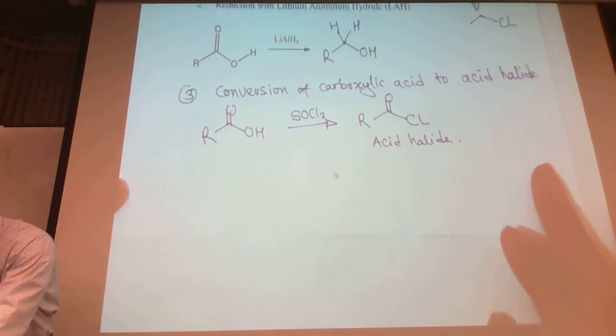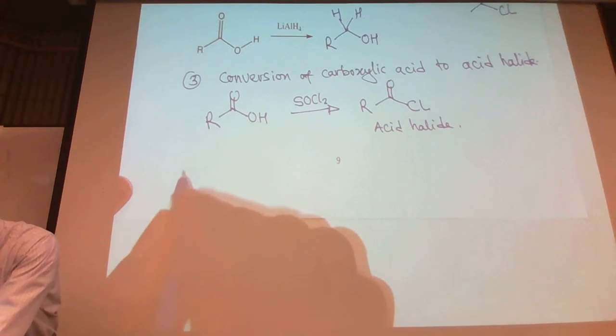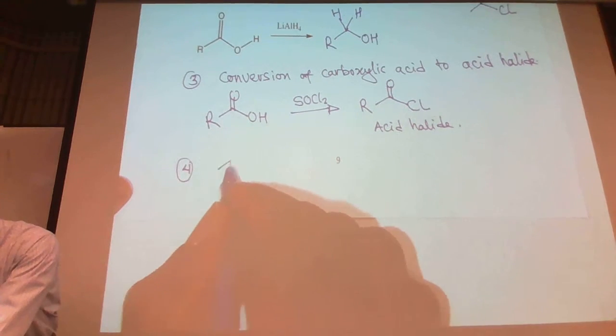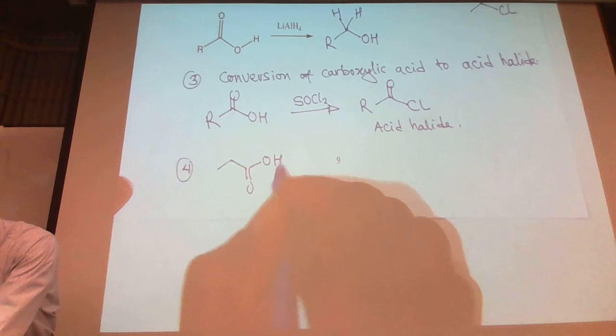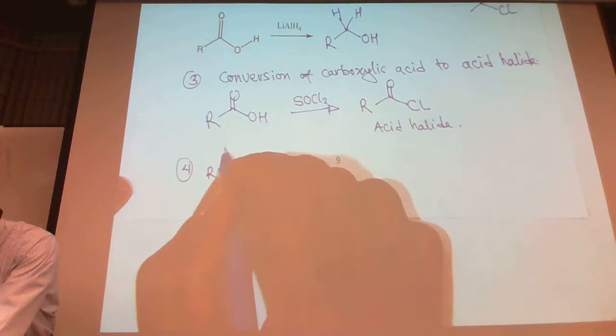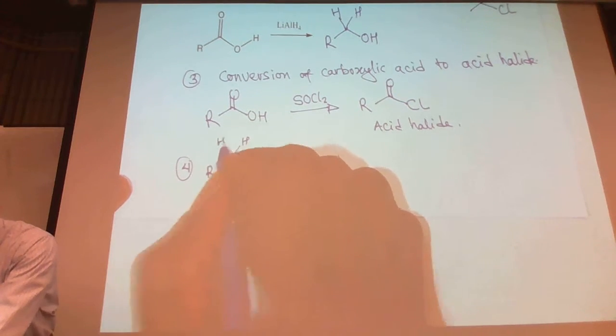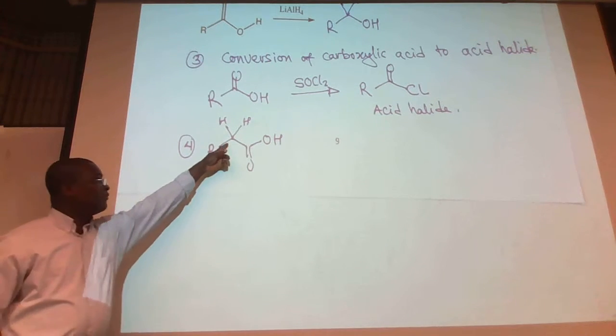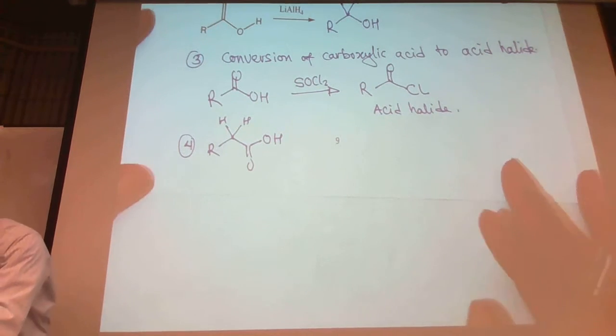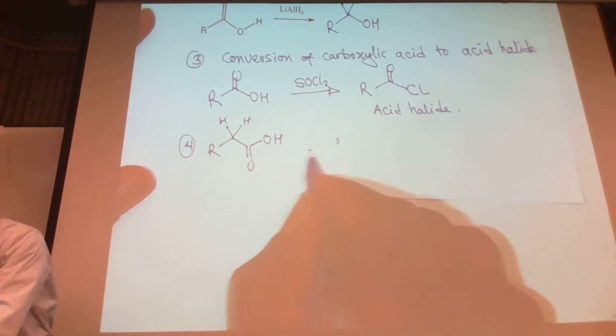Another one is alpha halogenation. So the alpha protons that you have on carboxylic acid can actually be converted to halogen.